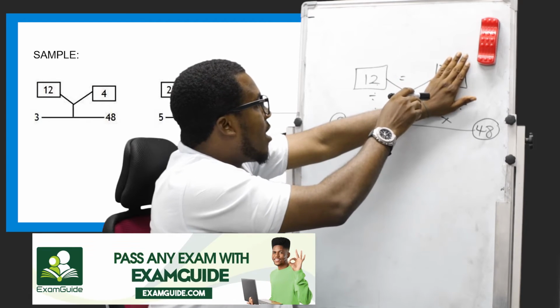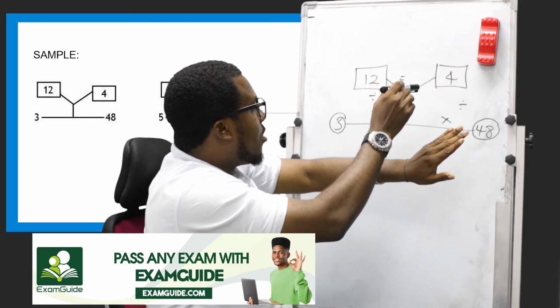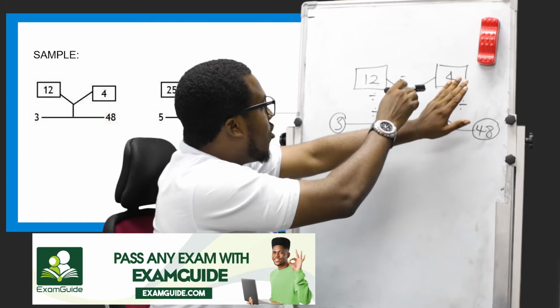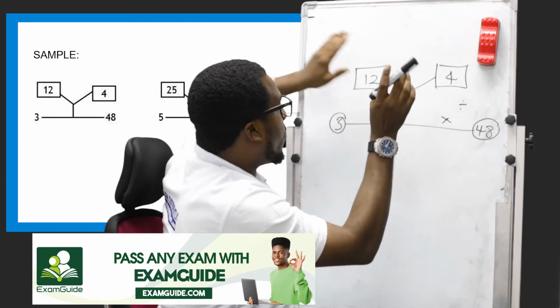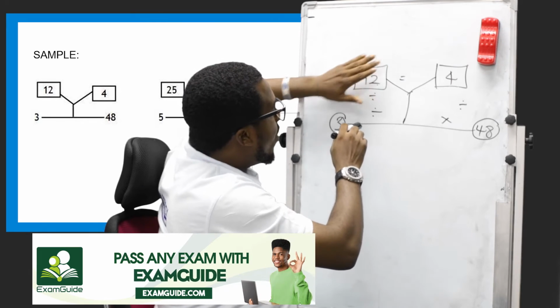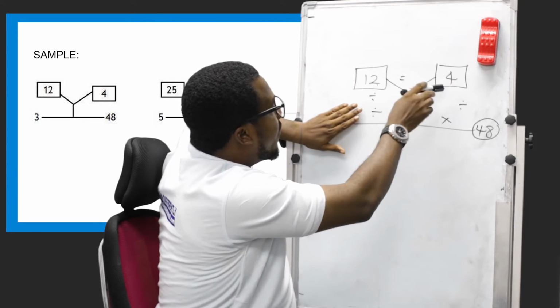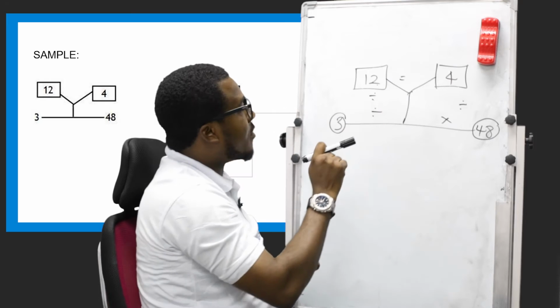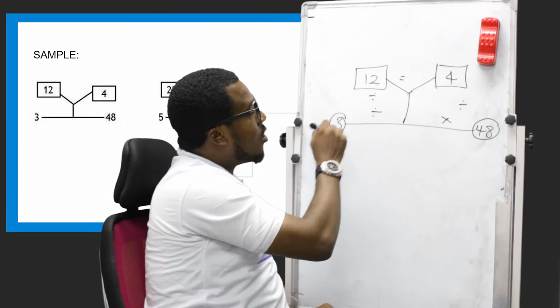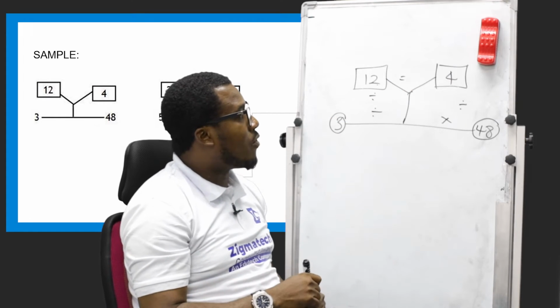When we were looking for this number here, we divided this to get this here. It's self-explanatory. We're done with that already.